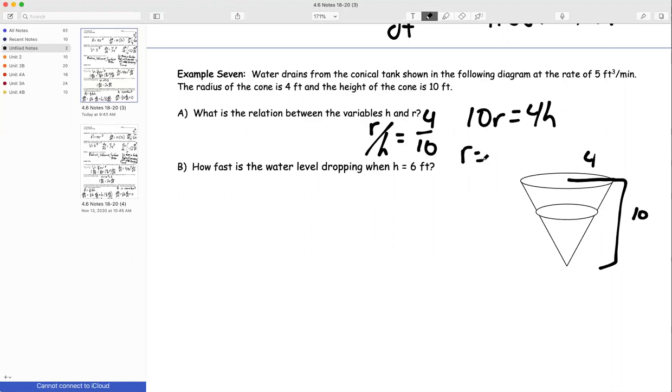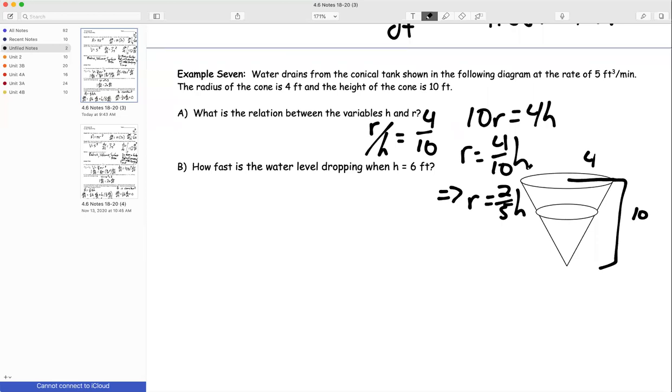So r is equal to 4/10 h, or I could write that simplifying the fraction, r is equal to 2/5 h. There. All I did was set up a ratio and then solve one variable in terms of the other.